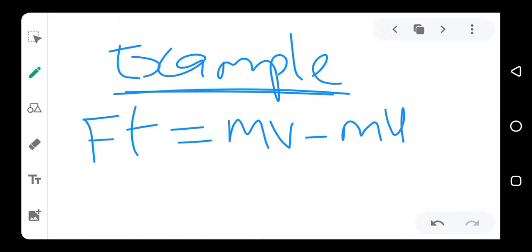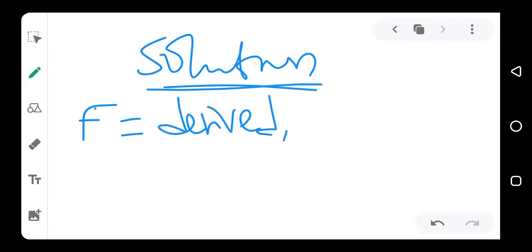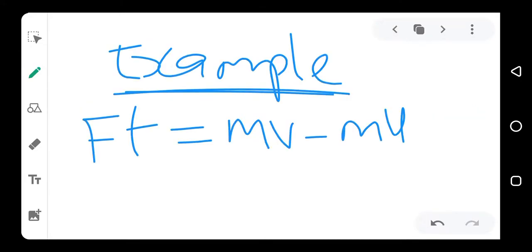Time is a fundamental quantity. m is mass, it is a fundamental quantity, and v is velocity. This is the final velocity and it is a derived quantity.